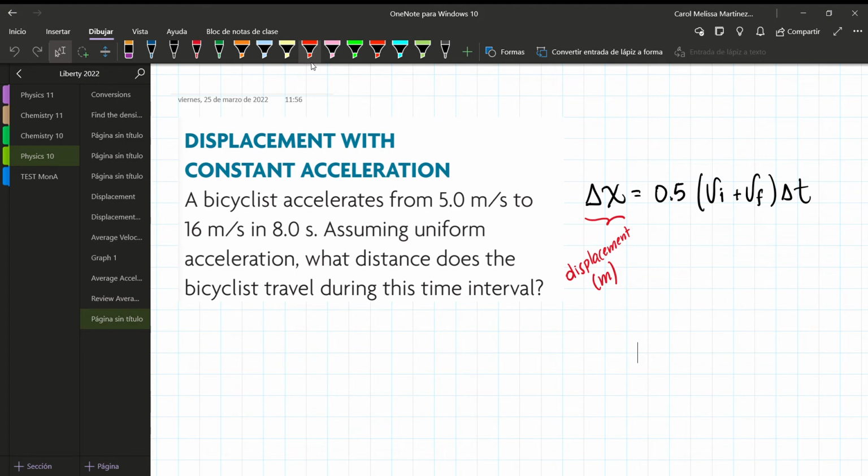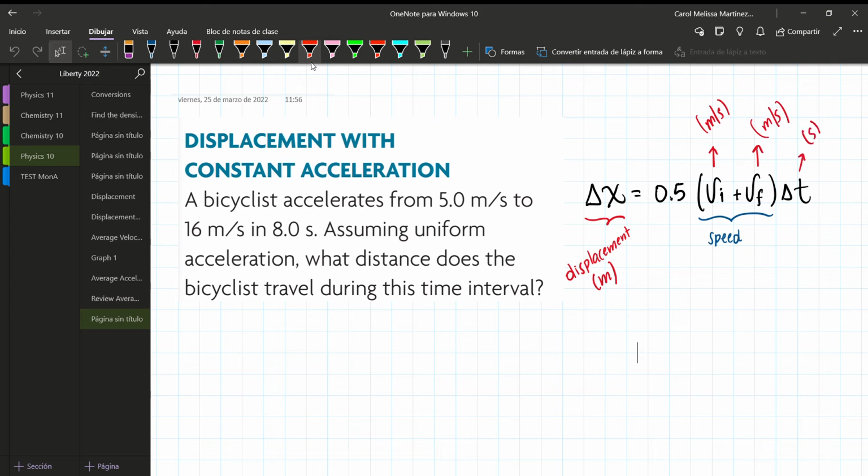We have the initial and final velocities, and they're going to be measured both in meters per second. Another word for velocities is speed, okay? And then, of course, the time. For the time, we're going to be using seconds, okay?